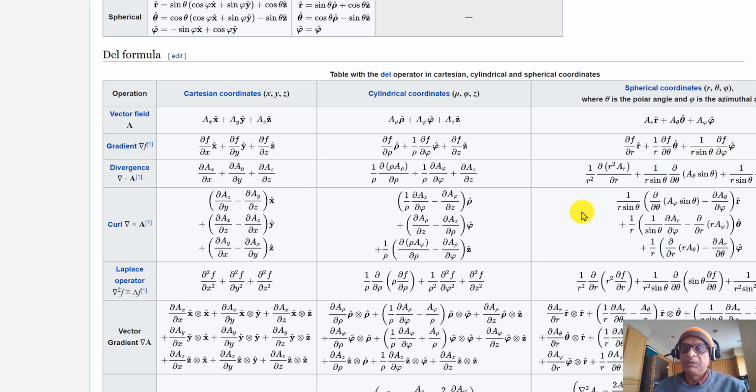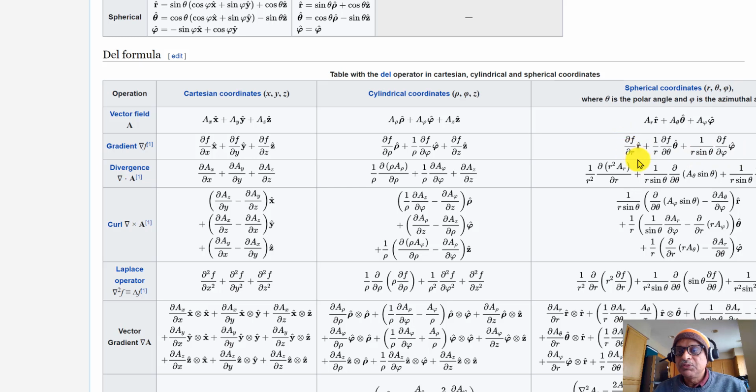So here's a Wikipedia page. I just looked up del in spherical coordinates, and this is the gradient, where you have f, I have V. So this is what it looks like. There is this direction and this direction, and you have to know what those directions are.